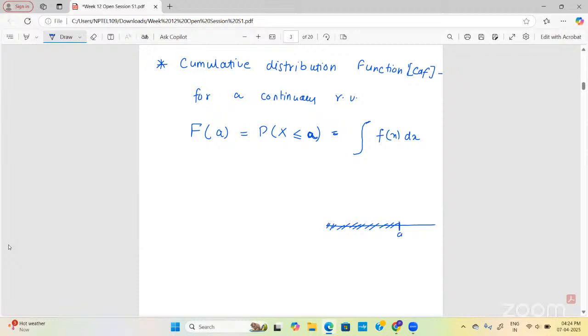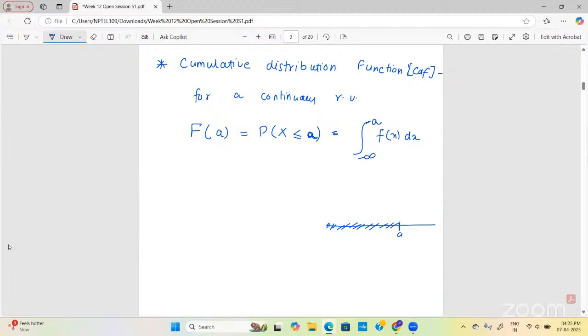So the upper limit should be A only, right? And the lower limit will be minus infinity.